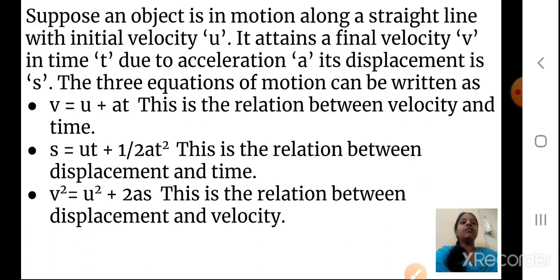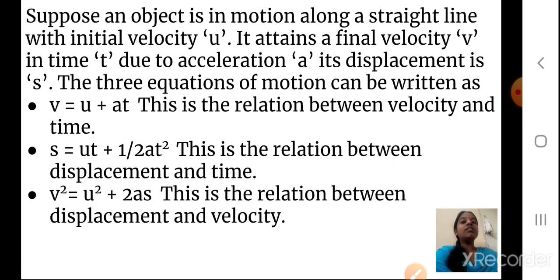Now see here, suppose an object is in motion along a straight line. Very important student, the motion of the object should be along a straight line. Remember, with initial velocity u, it attains a final velocity. In the previous work and energy chapter I told you the initial velocity will be 0.